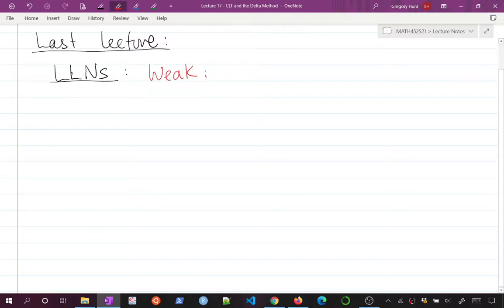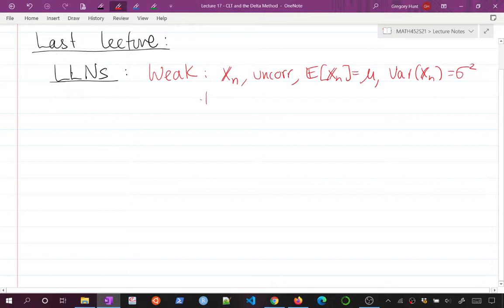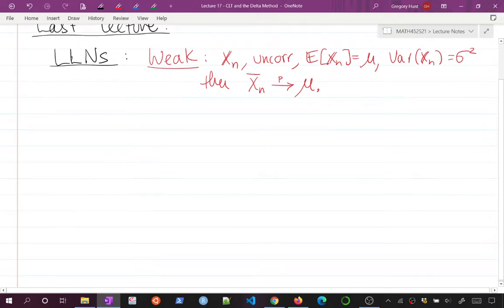Basically, it said that if we had some x1 through xn, they're uncorrelated, and they have a shared mean, mu, and a shared variance, let's say sigma squared, then x bar converges in probability to mu, the true mean.